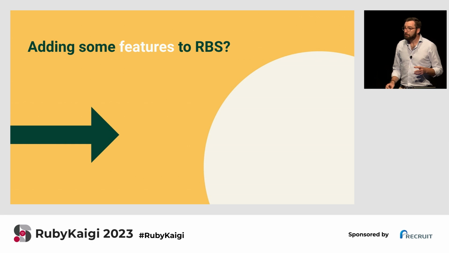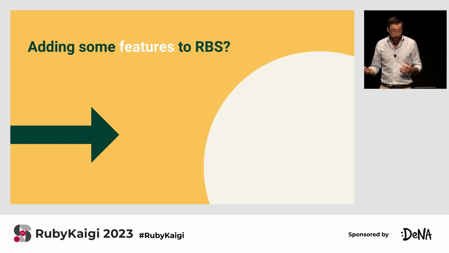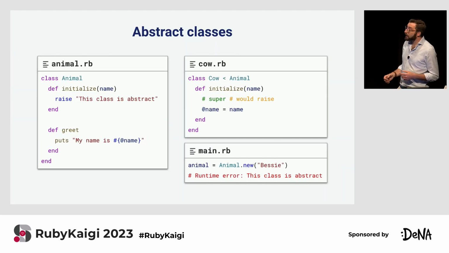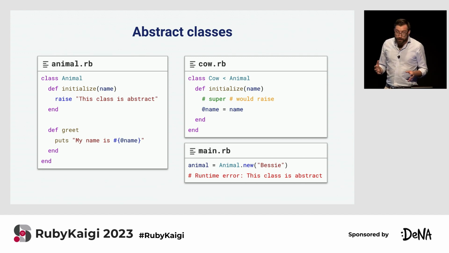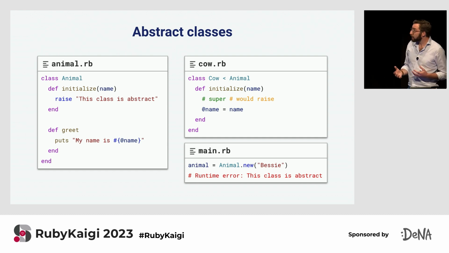This leads us to ask ourselves, are there features that in RBS do not exist but exist in RBI and may be super useful for what we're doing? One of them is about abstract classes. The most convenient way before type checking in Ruby to define an abstract class is to just raise in the initializer. One of the problems is that it's breaking the encapsulation.